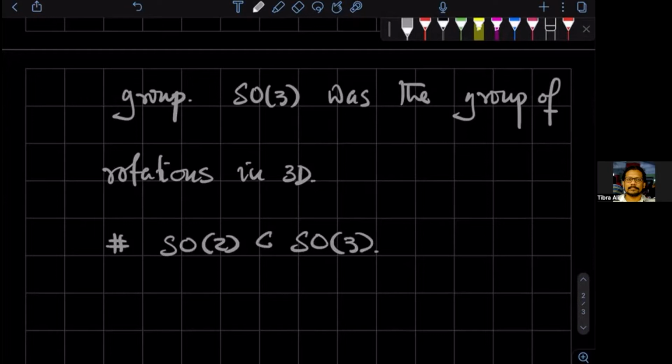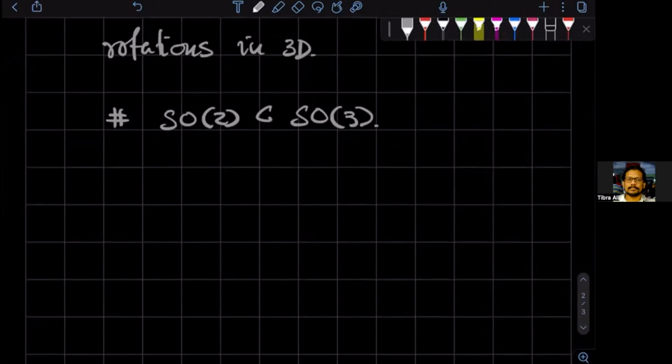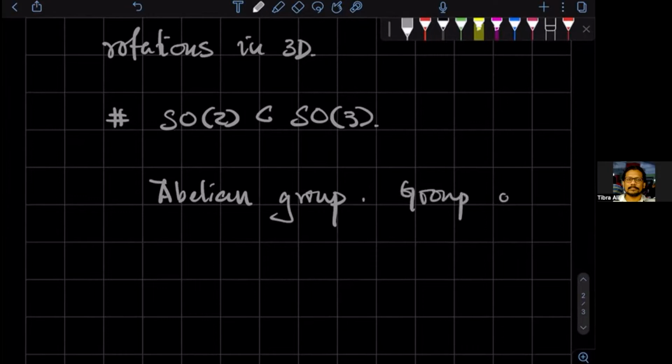You can choose your own different 2 planes, and that'll give you a different embedding of SO2 within SO3. Okay, but SO2 by itself is an abelian group, right? And it's a group of rotation in 2D.